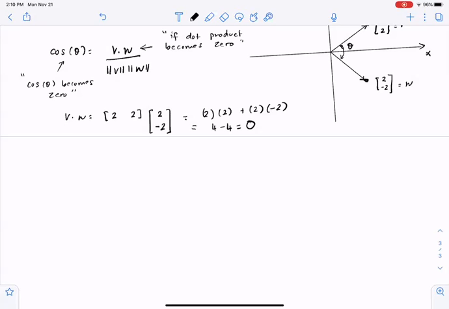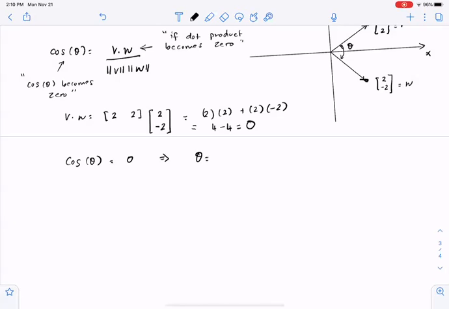As I mentioned, if the numerator is 0, that's what we care about, because 0 divided by any number is 0.